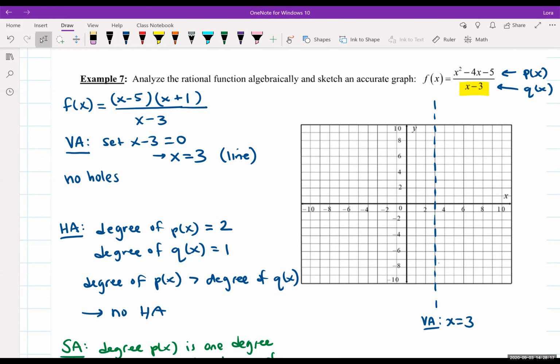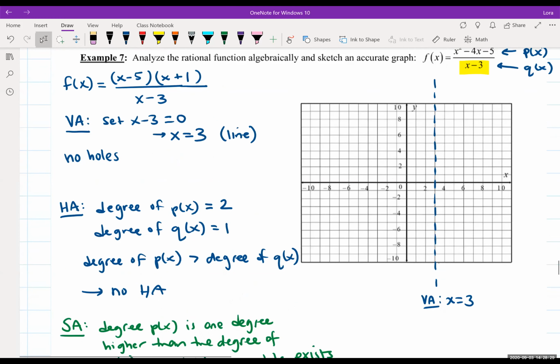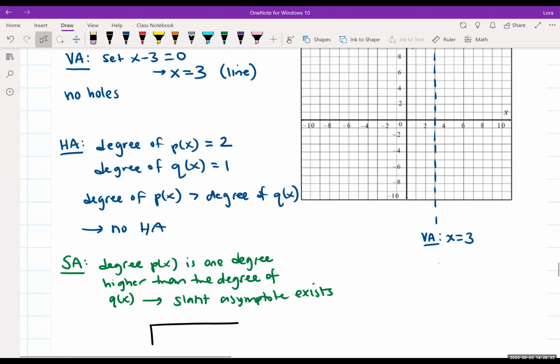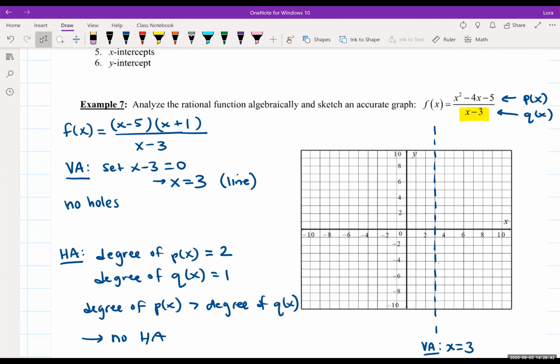Either way. So I'll set this up. When I use synthetic division, I list the coefficients of the numerator: 1, -4, and -5. Then I look at the denominator and notice k is equal to +3.